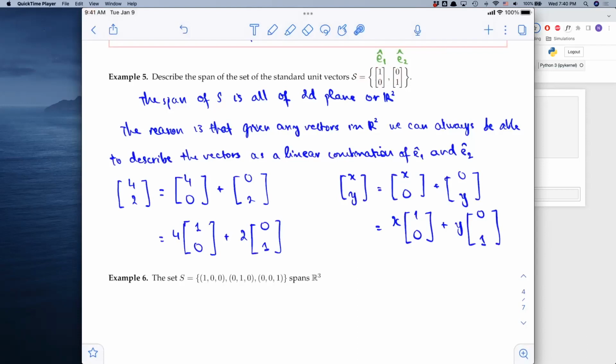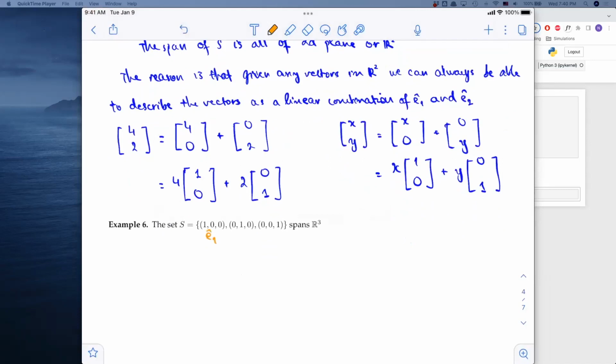Now, a similar approach for the next example, where you have three standard unit vectors for the case of three-dimensional space, right? So the set S consists of three standard unit vectors, E1, E2, and E3.